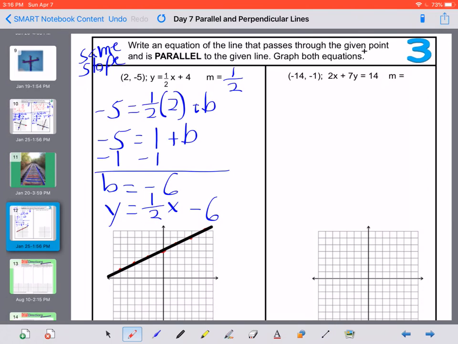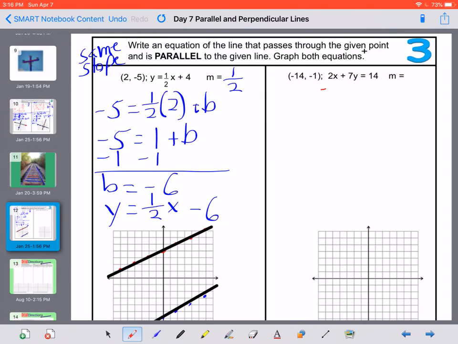The next one starts at negative 6, so negative 1, 2, 3, 4, 5, 6. That's going up 1 and over 2 as well. So this one will be parallel, just a little farther down. They'll never cross.